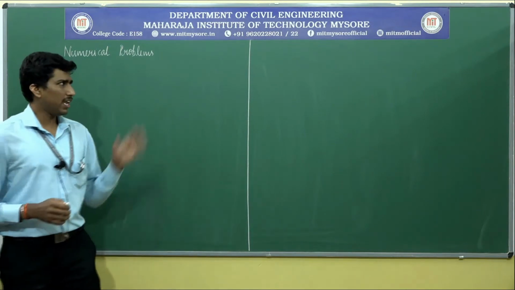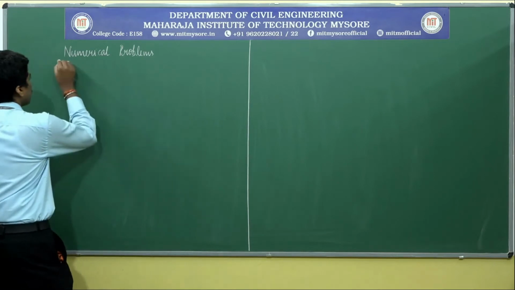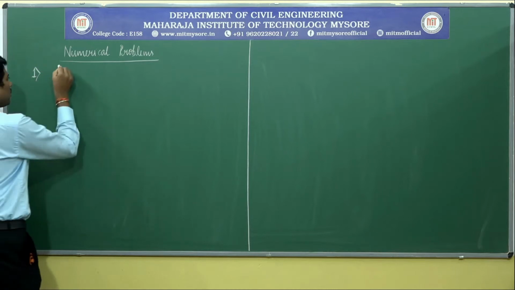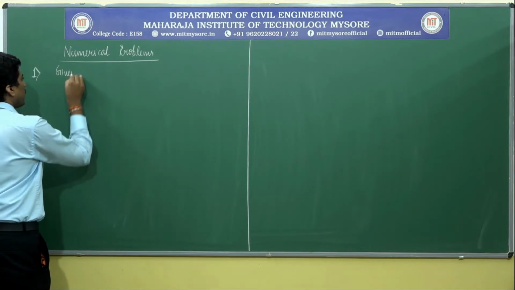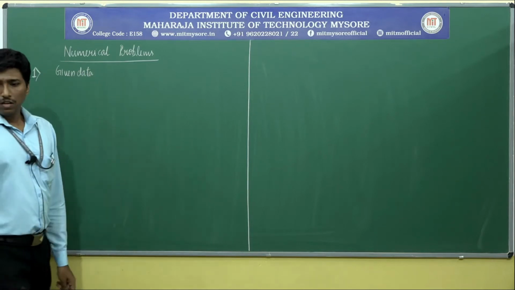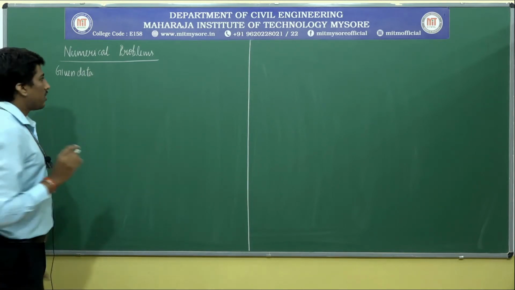Now let us solve the problem. First, let us note down the given data. Given data: combined sewer of a circular section.